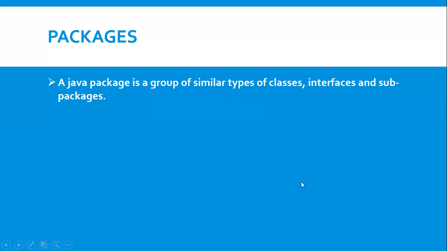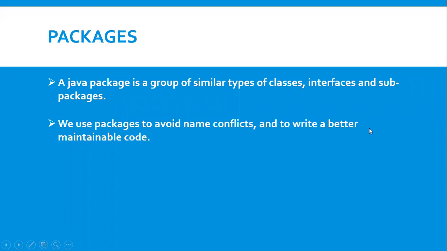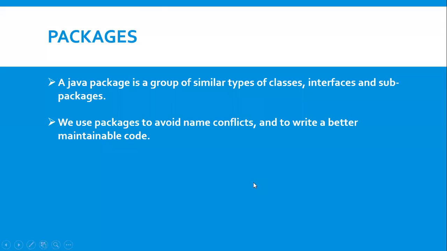So if you want to reuse the components, these packages can be helpful. Generally, packages are also used to avoid naming conflicts. For example, you may have displaying of details for both employees as well as students. Then there will be a conflict whether you are using display details for employees or students.